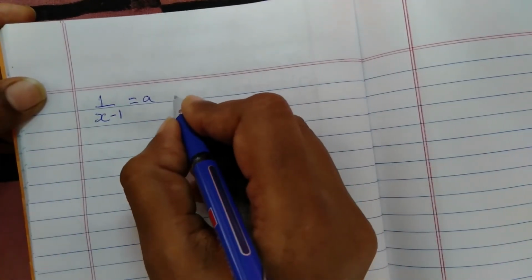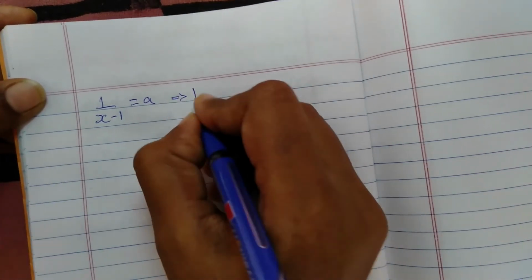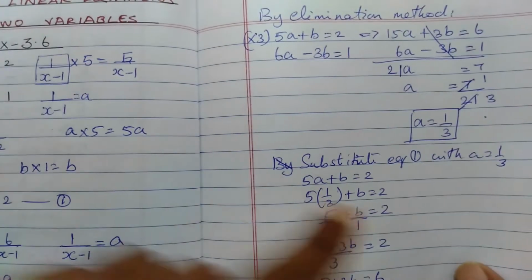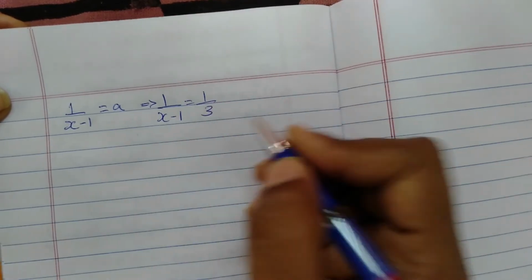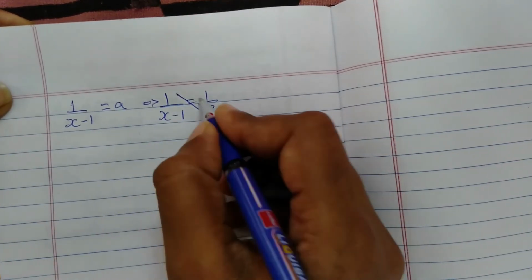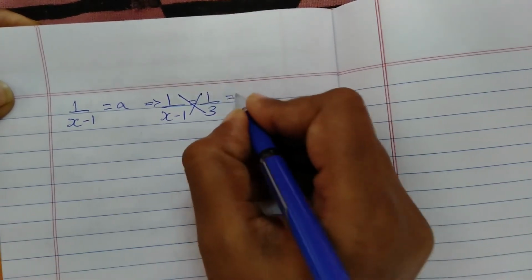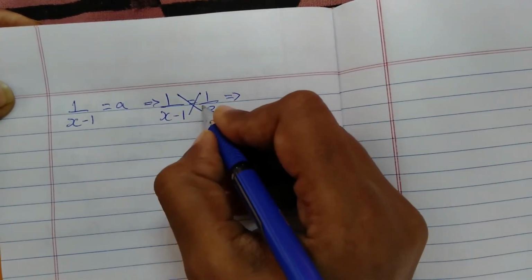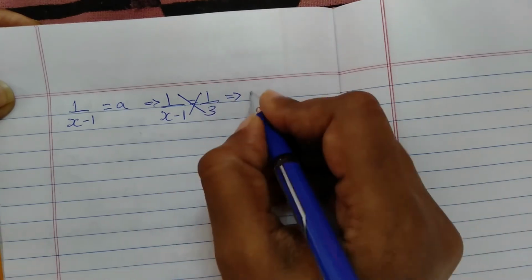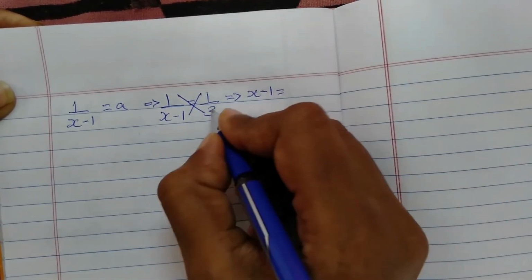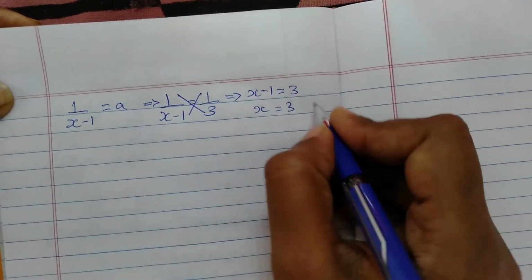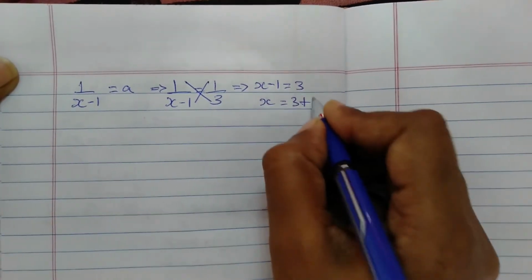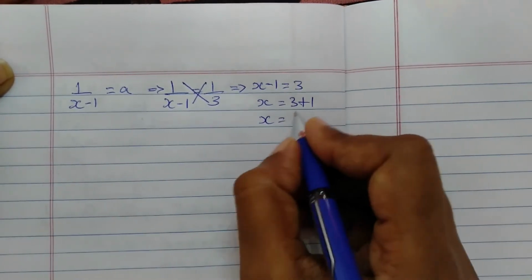So now here in place of a, let's replace it's 1 by 3. So 1 by x minus 1 is equal to 1 by 3. Now equating means we will be cross multiplying. So this gives us x minus 1 into 1 is x minus 1 and 3 into 1 is 3. Now here x minus 1 is equal to 3. This minus 1 moves to your right hand side, becomes plus 1. So x is equal to 3 plus 1 is 4.